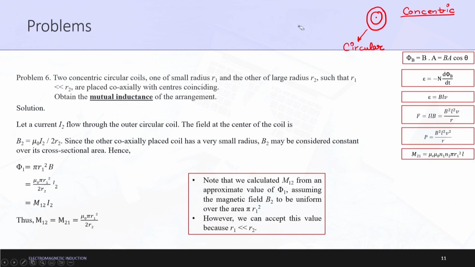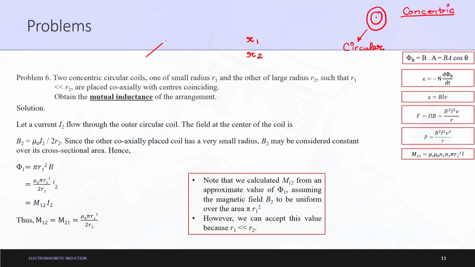Moving on, two concentric circular coils, one of small radius r1 and the other of large radius r2. So it is evident that r1 is less than r2. It means r2 is very much greater than r1, that is, the separation between the two coils is very large. They are placed coaxially.